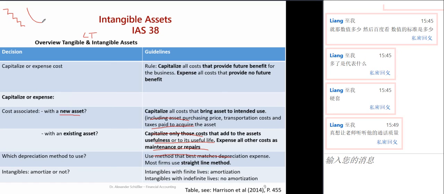Generally, intangibles with finite life have amortization, and those with an indefinite life are not amortized, which makes sense because there is no end to them, so they shouldn't lose value, and you shouldn't amortize them. Are there any questions?